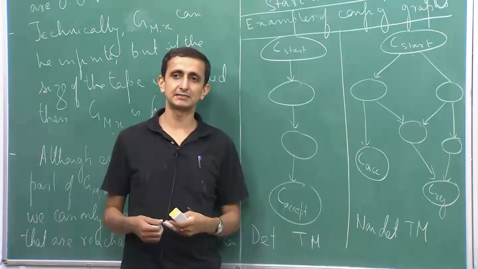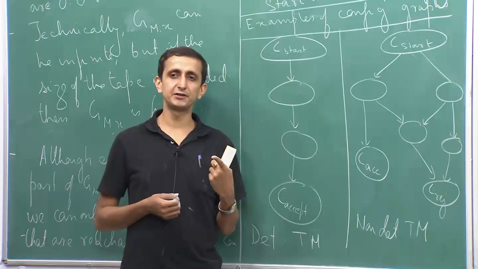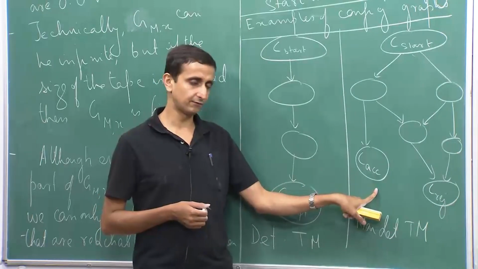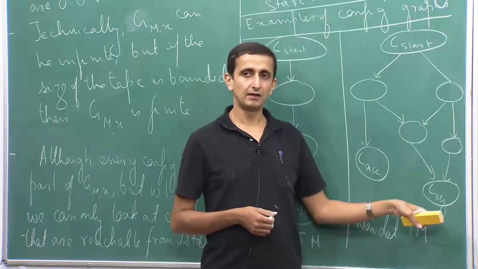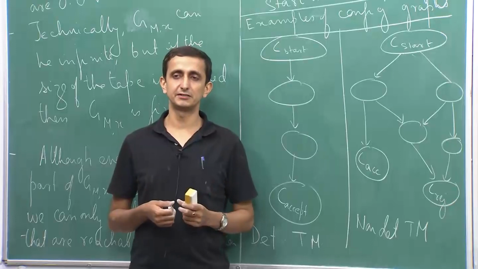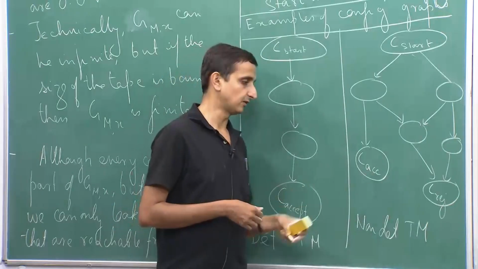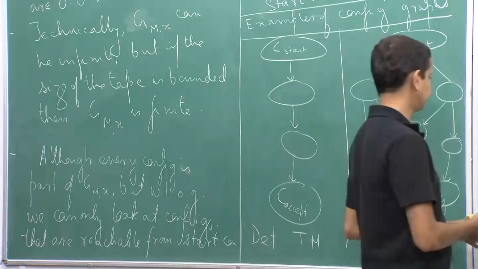That is the definition of acceptance of a non-deterministic machine. If there is at least one computation path that goes to an accept configuration, we accept it. And we would have rejected x only if all computation paths had gone to reject configurations.